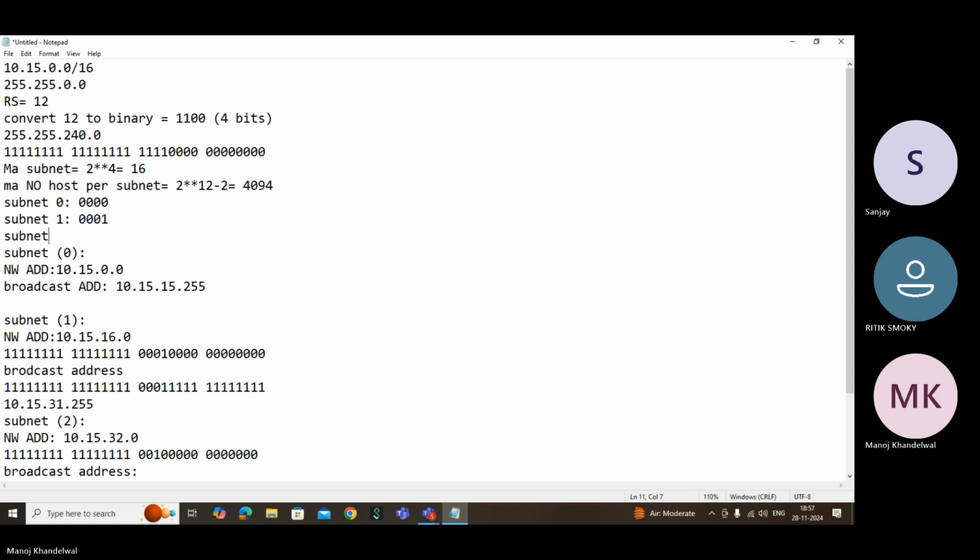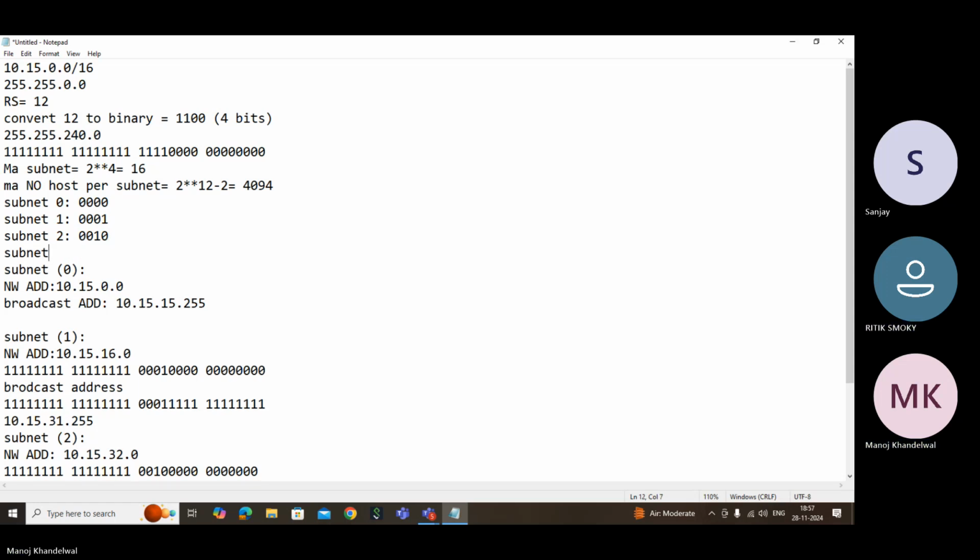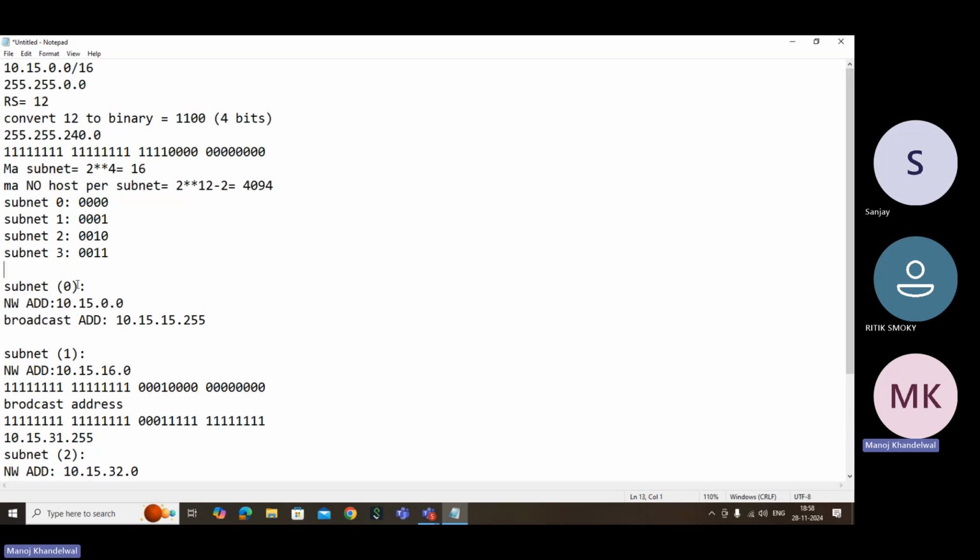Subnet 2 is 0010. Subnet 3 is 0011. So that's what you have to remember. Now we come to subnet 0. So subnet 0 is this, right?